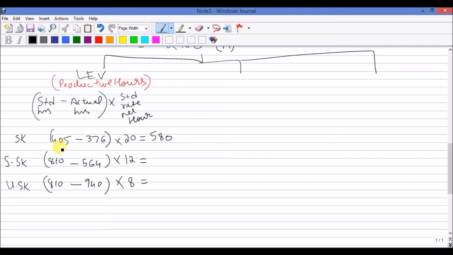The worker should have worked for 400 hours, but has worked only 376 hours. It means the worker is efficient, so this is a favorable variance. Okay, 810 minus 564 into 12, so we have 2952.